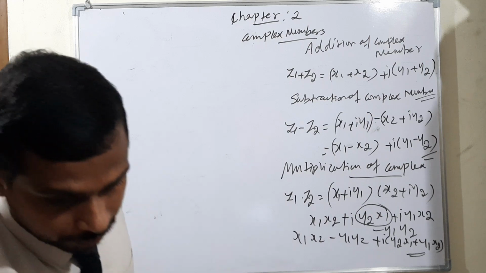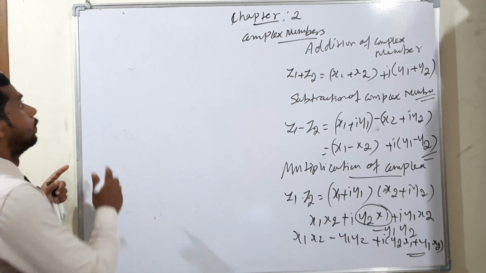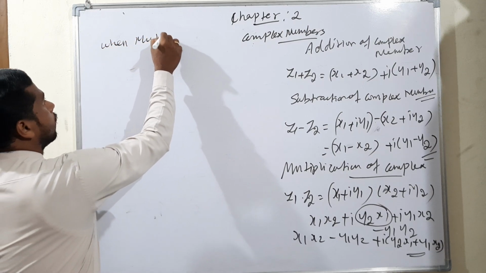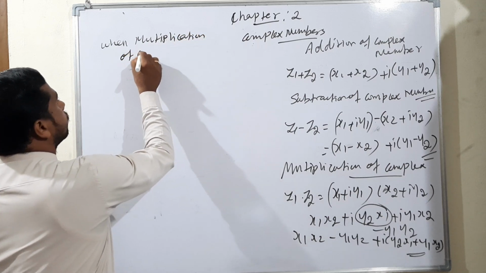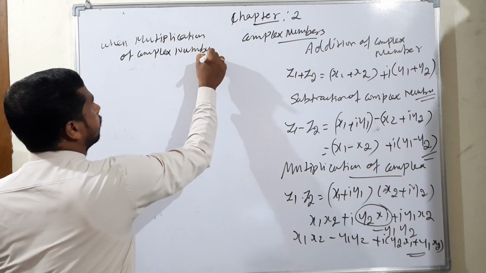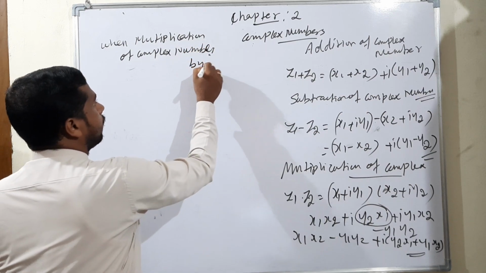Then one important point: multiplication of a complex number by i.